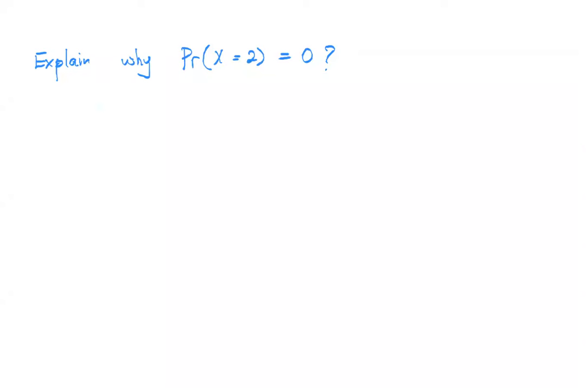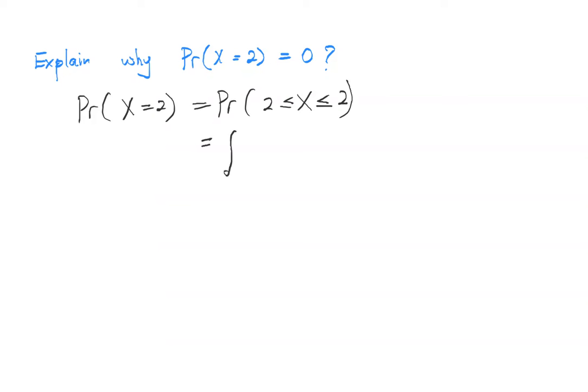So now, if I have the probability of x equal to 2, can I write this as the probability of x greater than or equal to 2, less than or equal to 2? Why do I want to write it like that? Because this is the integral from 2 to 2.